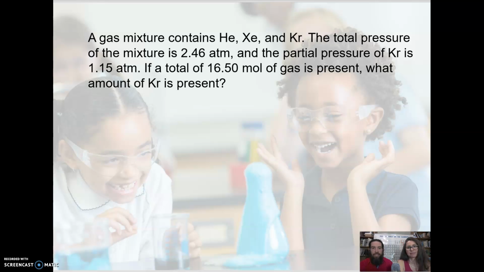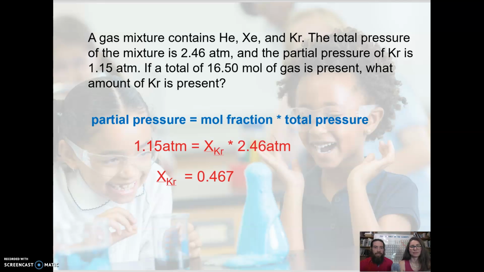So what this is saying is that if we combine the helium, the xenon, and the krypton, there's a total of 16.5 moles. We know the partial pressure, so we can use the partial pressure of the krypton to find the mole fraction of the krypton. And then from there, we can determine the amount in moles or grams if we wanted to go that far.